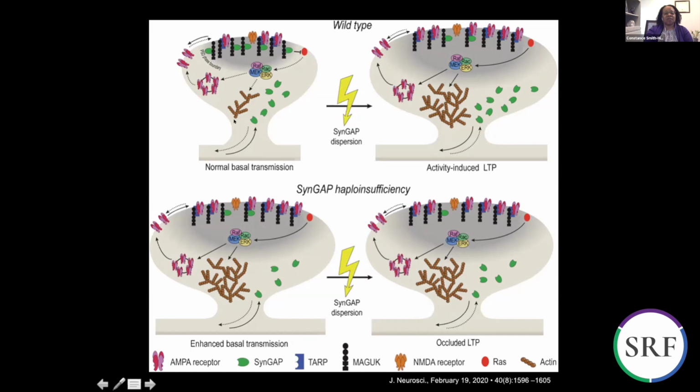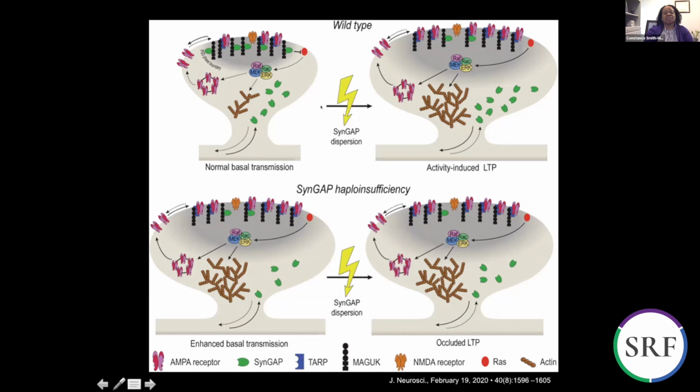However, in the wild type or normal neuron, according to Rick's model, Syngap is thought to negatively regulate RAS, and in so doing, reduces or does not increase the number of AMPA receptors at the surface.